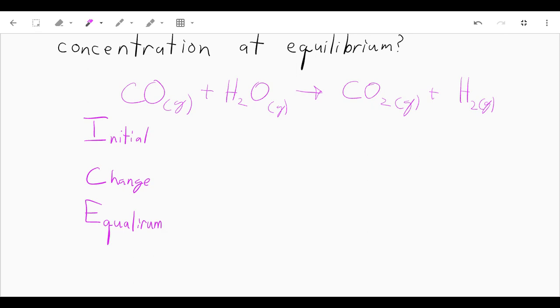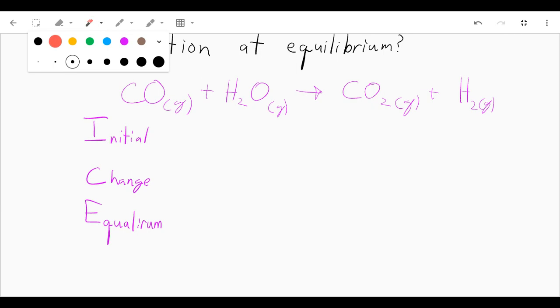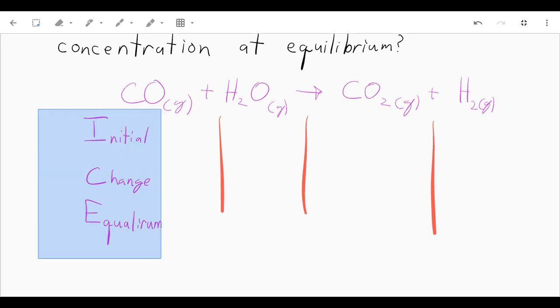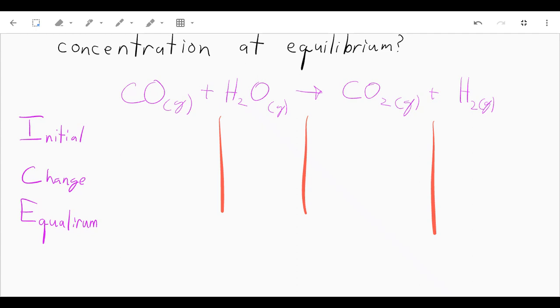Now, I'm not going to write out each word every single time. I'm just going to write down the first letter in the acronym. Other thing that I'm going to do is I'm going to split this up into columns. Each one of the columns represents one of the different chemicals involved in this reaction. And I'm just going to move over my words so that we get the full space for the carbon monoxide.